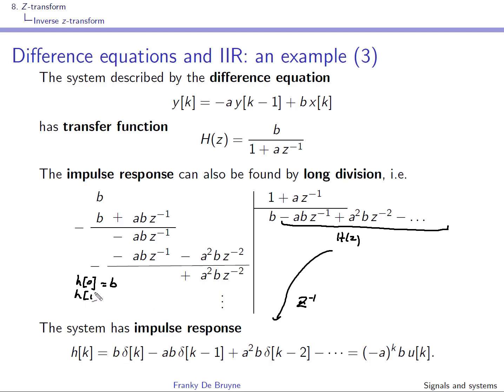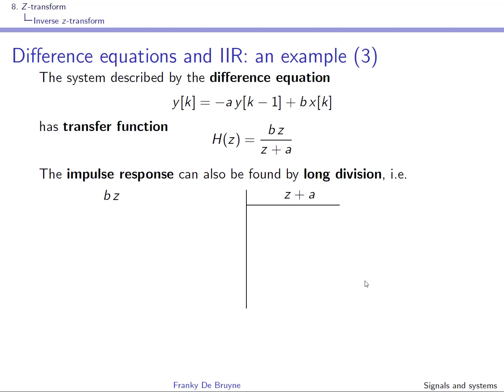H of 1 will be, if you look at this, only this term contributing, so minus ab, and indeed if you plug in k equal to 1, you have minus ab, and you can keep on going. So we have shown that this is the impulse response, and it has indeed infinite support, so it is an infinite impulse response, and this time we've chosen long division to prove it.